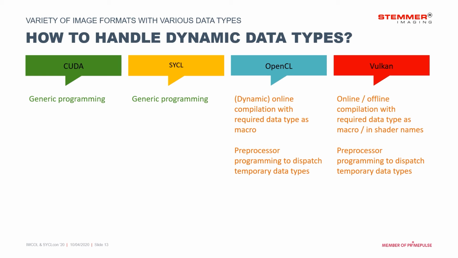For example, you can say you want UINT8, and for your UINT8, you might want to use UINT32 as a temporary data type. You can just switch this depending on the data type you give in your online compilation as a macro. For Vulkan, you can do the same using Shaderc as an online compilation.